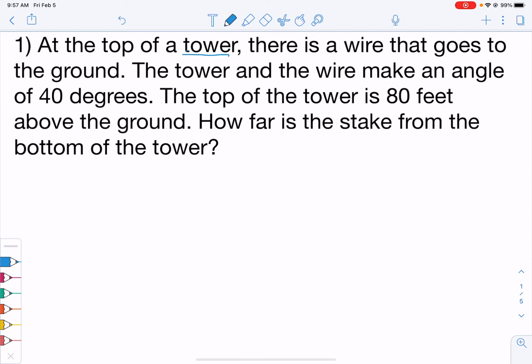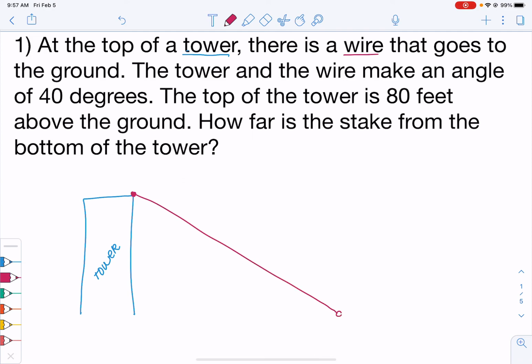So a tower is just a building. This is going to be our tower. And there's a wire from the top that goes to the ground. This is the ground.